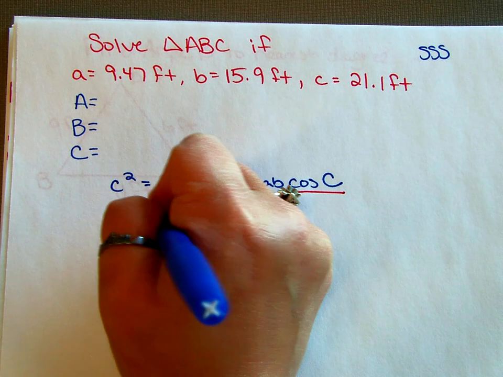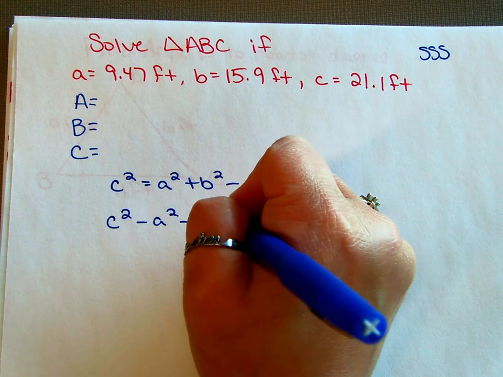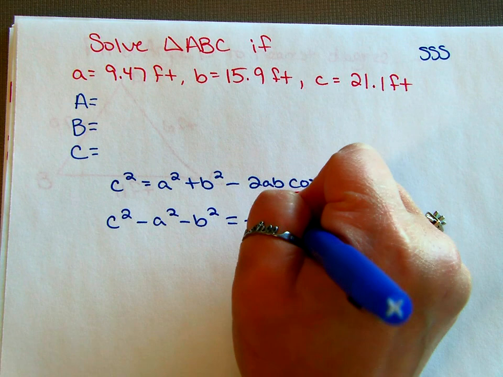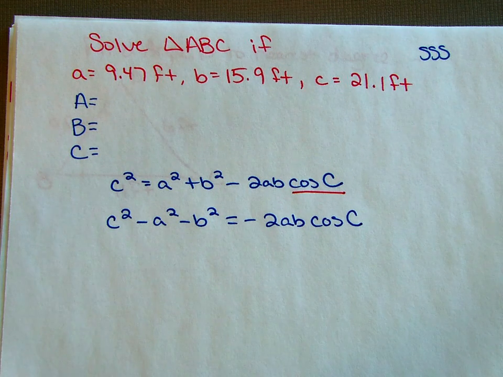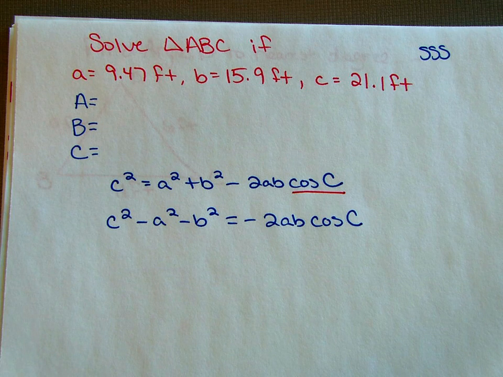I'm doing algebra here. And then what would I do if I'm trying to get cosine C by itself? Divide by negative 2AB, correct. Yeah, there's that negative there, so I want to divide by all of it.